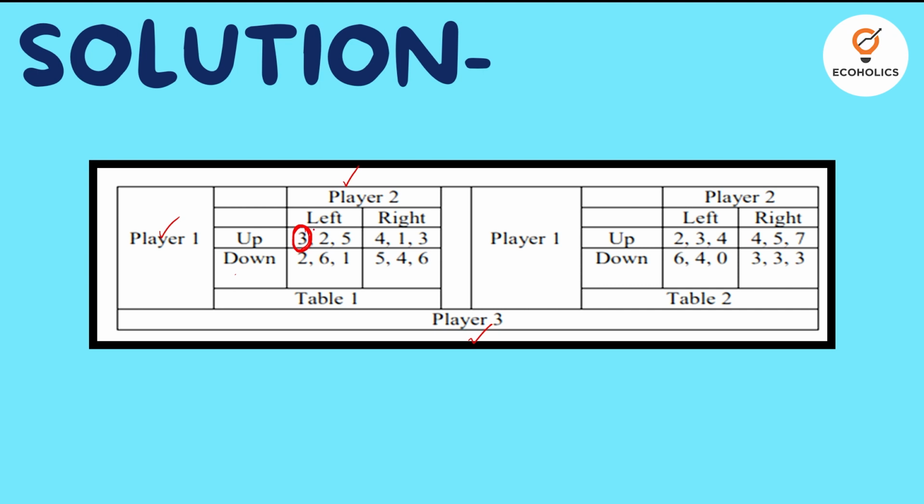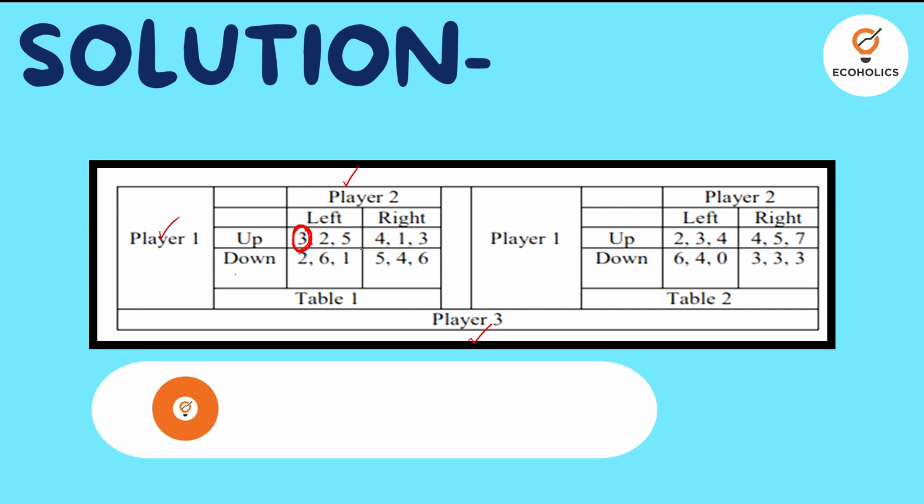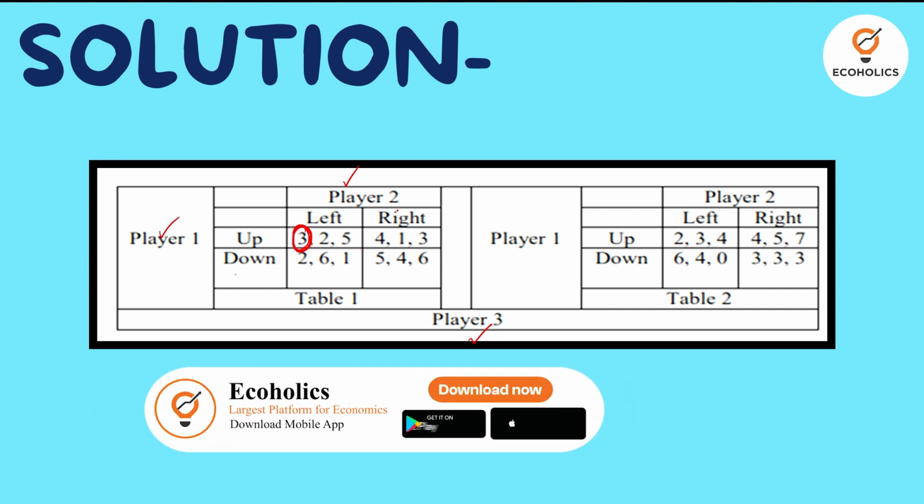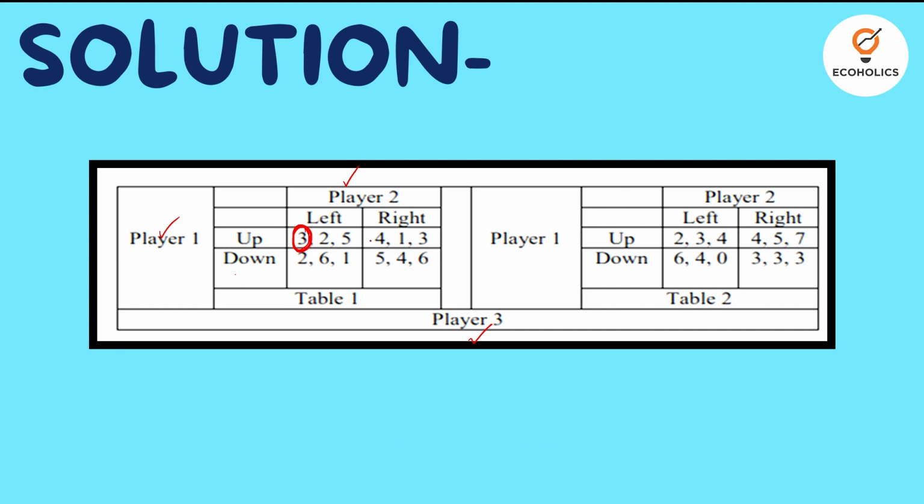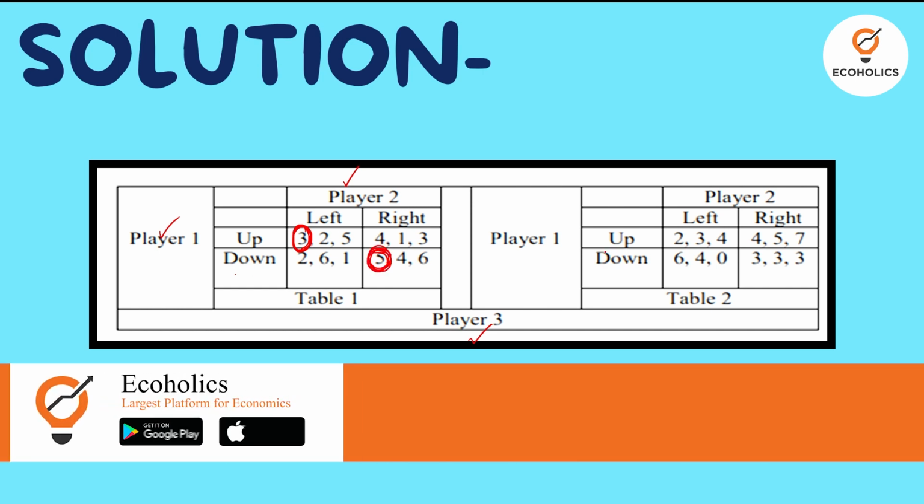So mark it. Similarly, given player 2's strategy is right and player 3's strategy is table 1, the payoff for player 1 going for up would be 4, going for down would be 5. So 5 is a better payoff, mark it. And it's not that alone.